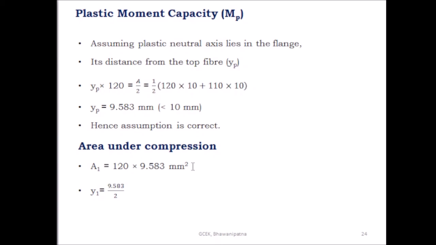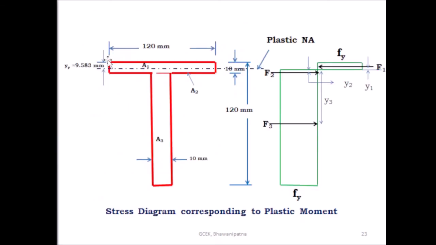Then find out the area under compression. Take the portion above the plastic neutral axis as area A1, just below the plastic neutral axis in the flange portion as area A2, and the web area as A3. Above the plastic neutral axis, the compressive force is F1 at distance Y1. Below it within the flange, the force is F2 at centroidal distance Y2. In the web portion the area is A3, the force is F3, and the centroidal distance from the plastic neutral axis is Y3.